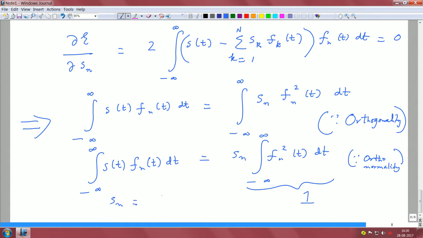Things are now very simple. It is just the inner product of this signal S(t) with F_n(t). This is how we would compute S_n.